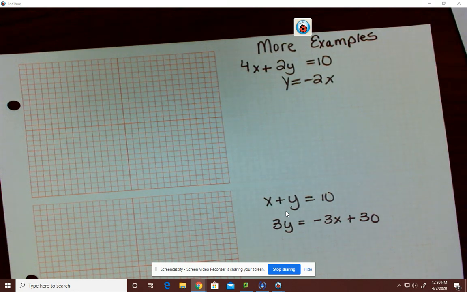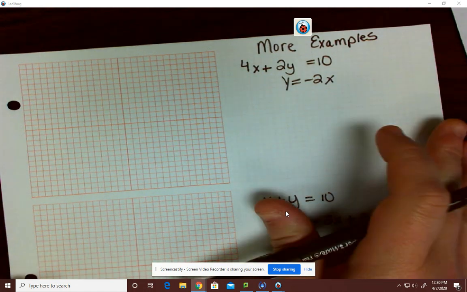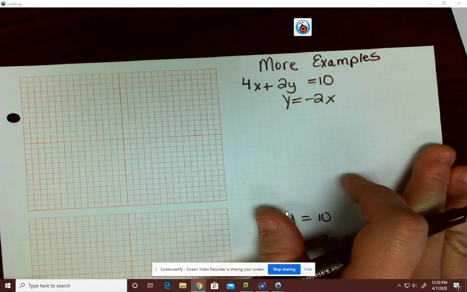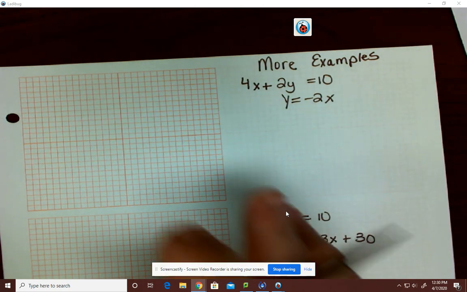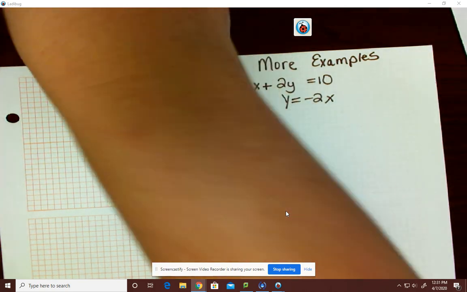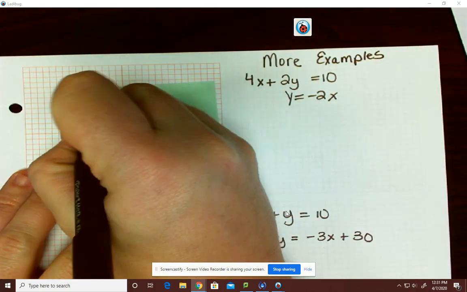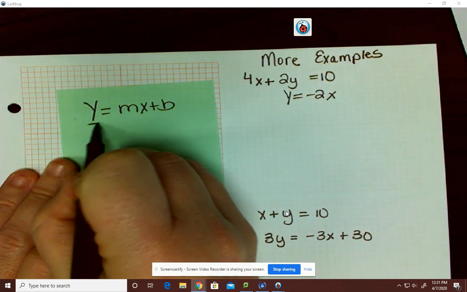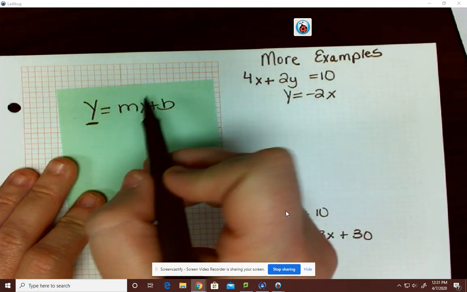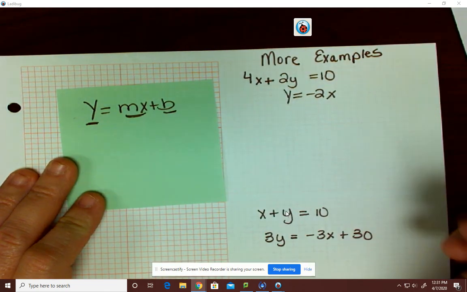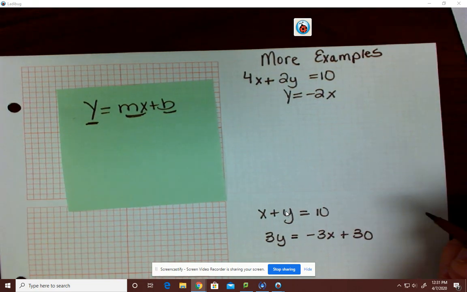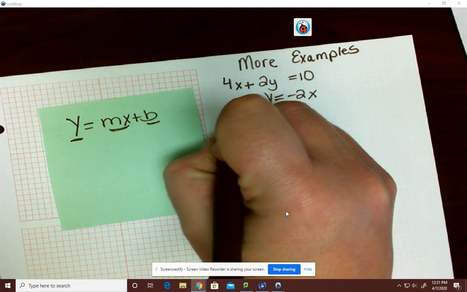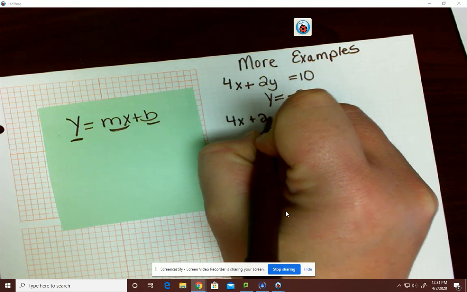All right, so again, first thing we want to do is put each one of these in slope-intercept form. Slope-intercept form is y equals mx plus b. Which means we want to get y by itself, and we want the x term before the term that doesn't have an x. So we have 4x plus 2y equals 10.